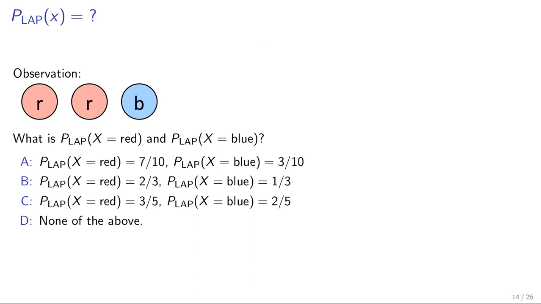You just count the reds and the blues. Now the quiz for you is what would be the probability with Laplace smoothing of X, by adding this artificial one to the data. So try to work on this one. This should be fairly easy.